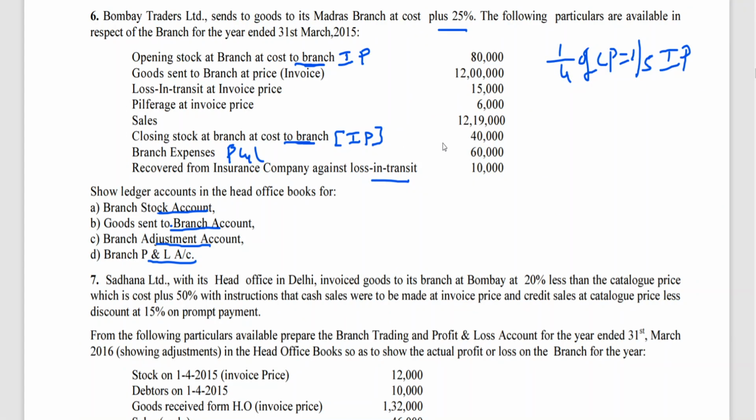Then closing stock 40,000 at branch. At cost to branch is nothing but it is invoice price for head office, cost price for branch.